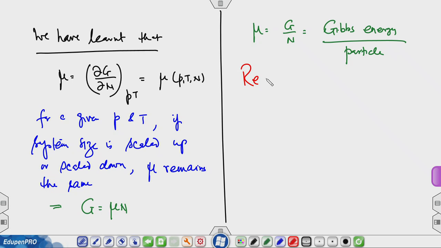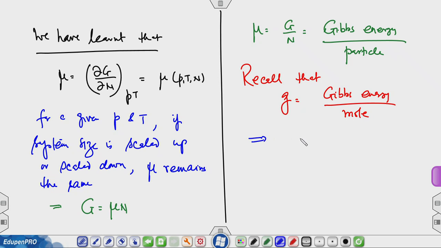Recall that G was Gibbs energy per mole. So this implies G is equal to n Avogadro mu.